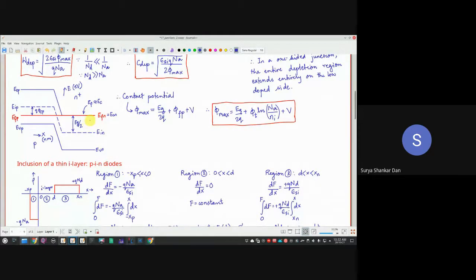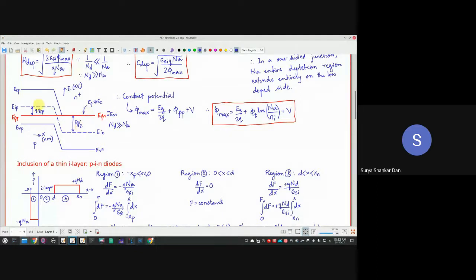The Fermi energy level goes more and more towards the conduction band edge, right? So if Nd is much larger, this Fermi energy level will become approximately equal to ECN, the conduction band edge in the n-type region.